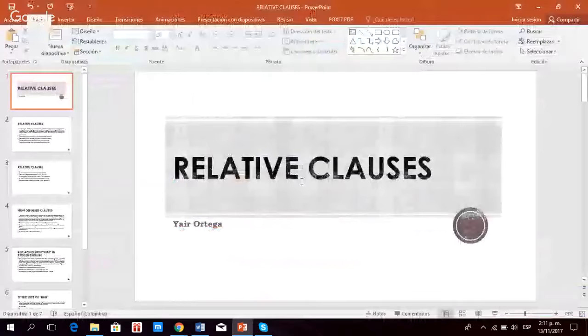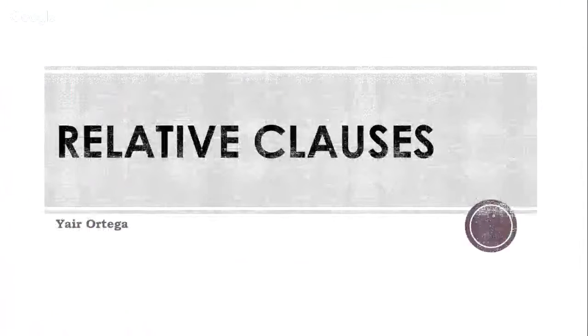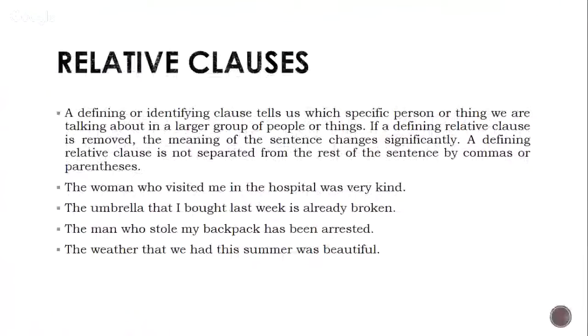So today's topic is relative clauses. And let's begin. Relative clauses. A defining or identifying clause tells us which specific person or thing we are talking about in a larger group of people or things.